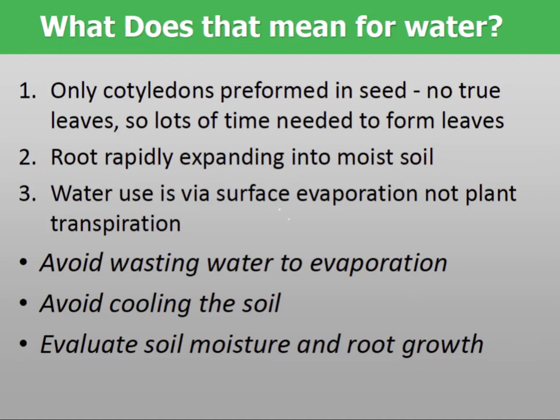And so the critical thing at this point is avoid wasting water to evaporation by not applying additional water. That also helps you by not cooling the soil, so you decrease the disease pressure that you have, and it gives you a chance to give the opportunity for the plant to grow a root system.